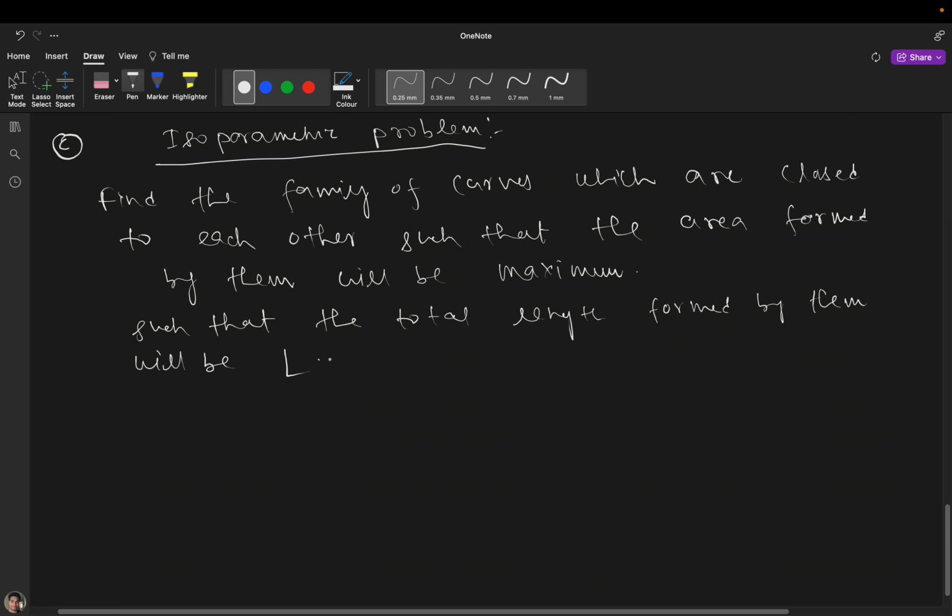It is saying that this total length is the perimeter.